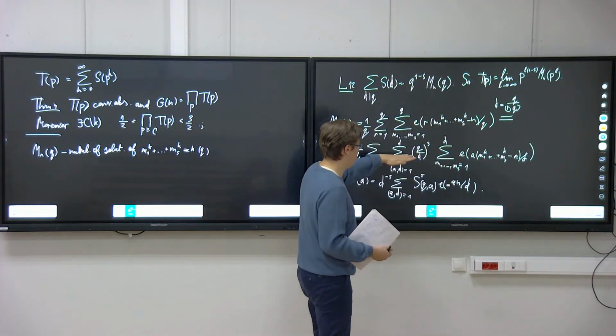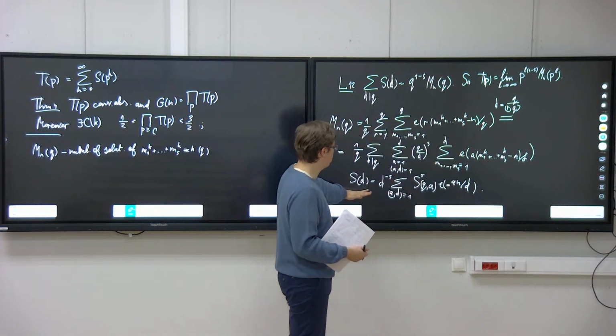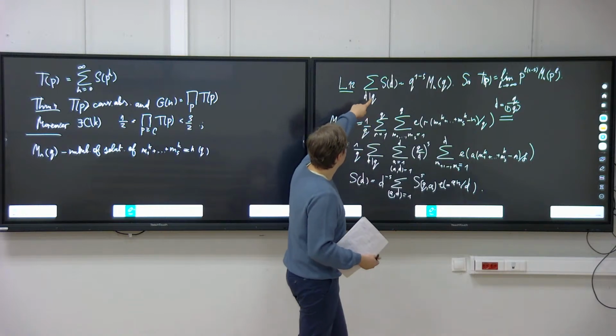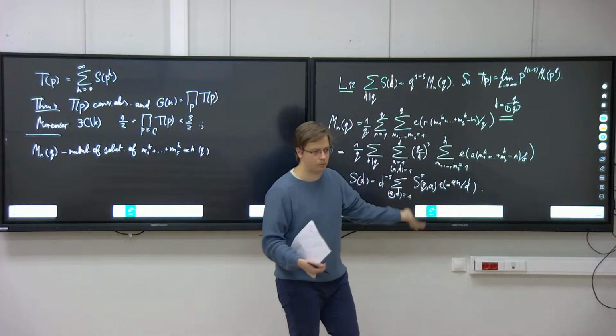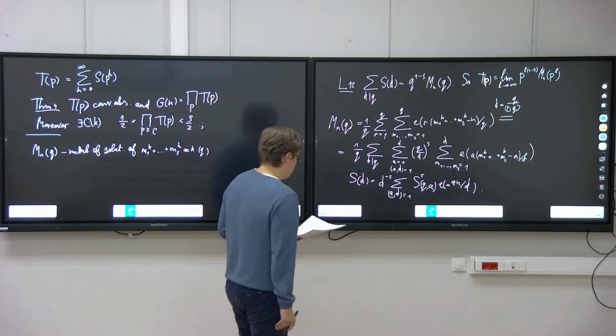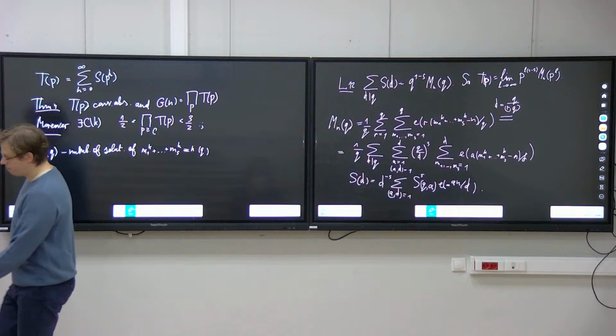When we look at it, we see that it's exactly S of D multiplied by q to the power s minus 1. Okay, let me stop here.